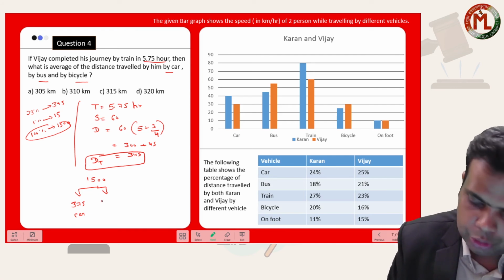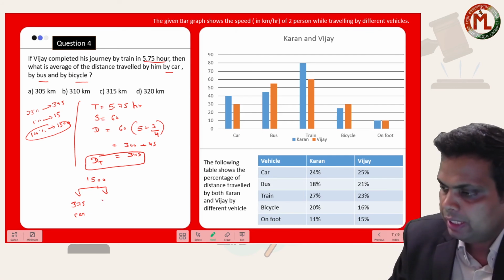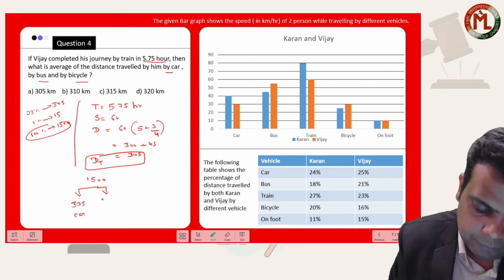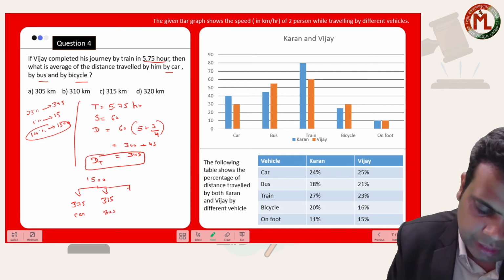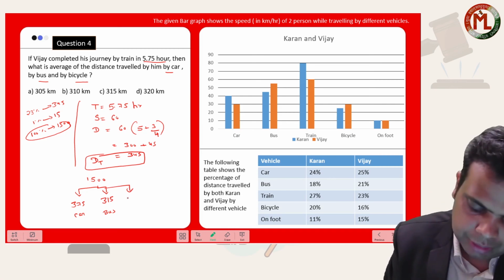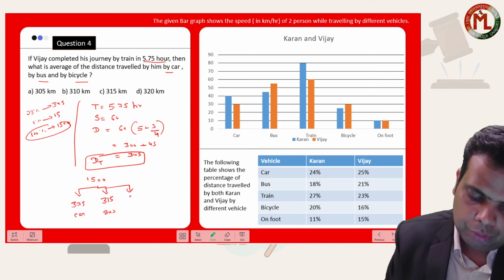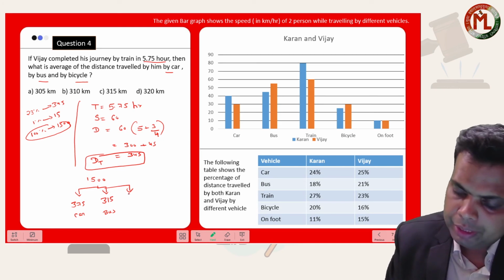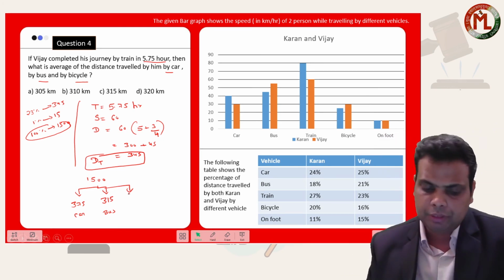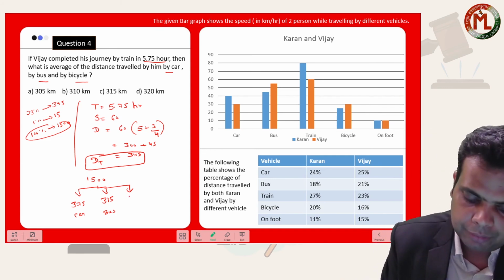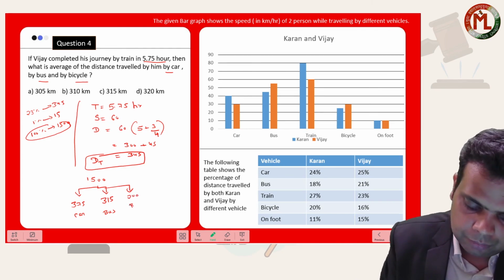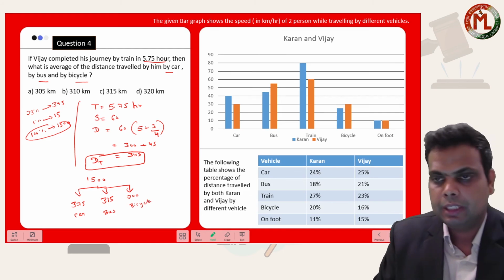Now 20% is 300 and 1% is 15, so 315 by bus. Now by bicycle he travels 16%. 10% is 150, 5% is 75, and 1% is 15, that is 240. 240 by bicycle. Is it clear?